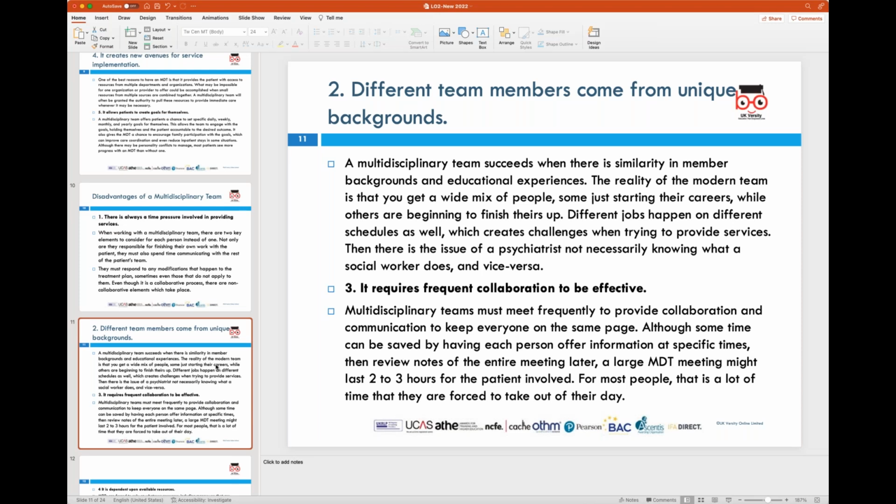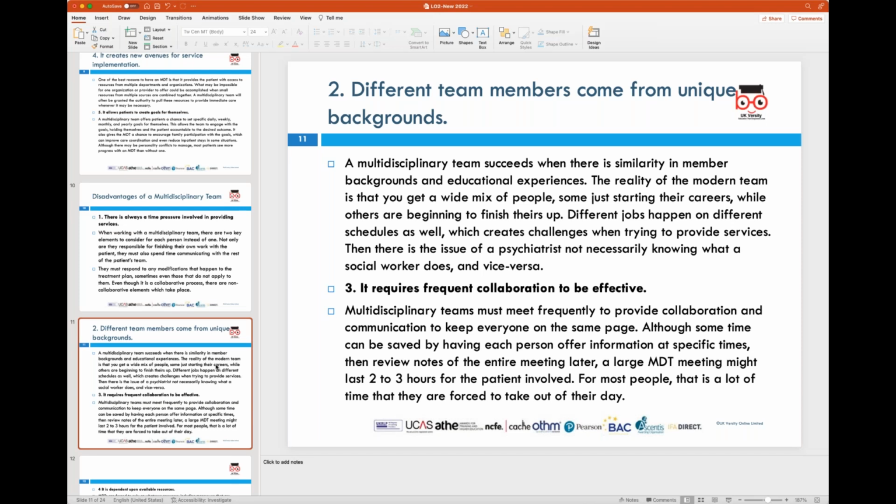The second disadvantage is that different team members come from unique backgrounds. Cultural differences can lead to communication issues, and people coming from different backgrounds, skill sets and domains, when put together into a team, might not work well within those teams because they feel that they have more experience because of their knowledge, skill set, and academic background.